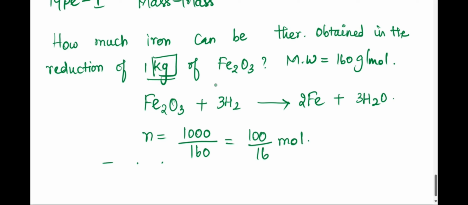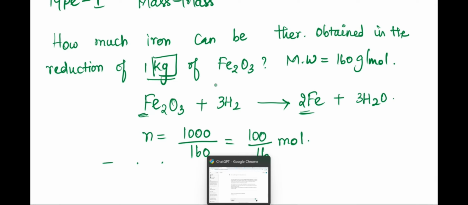Okay, from the equation, from the reaction coefficient, what you can find out is that 2 moles of iron are obtained from 1 mole of ferric oxide, which is in 1:2 ratio. 1 mole of ferric oxide is reacting means 2 moles of iron I'm getting. Right?